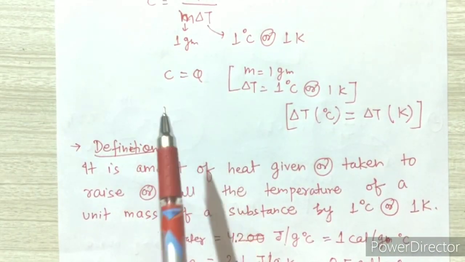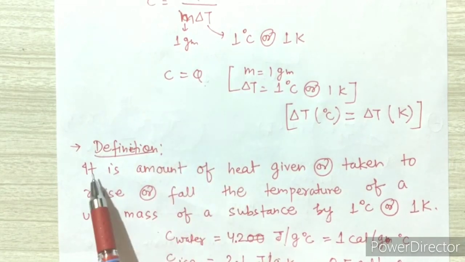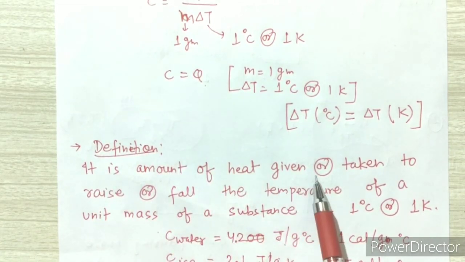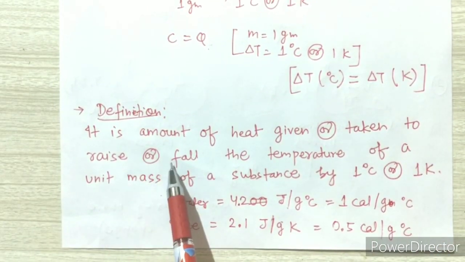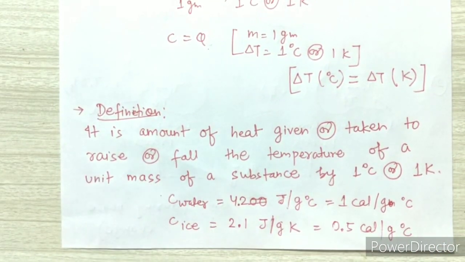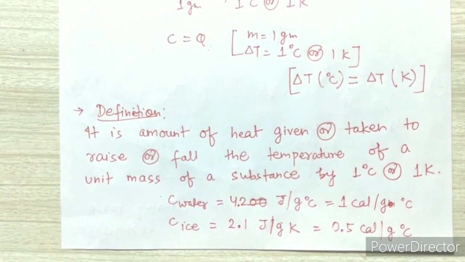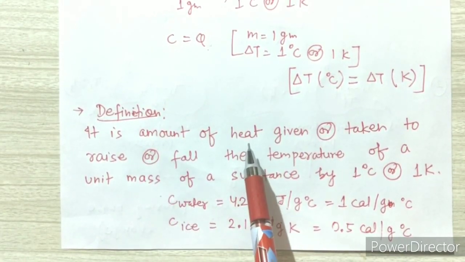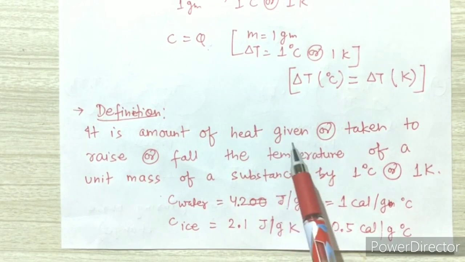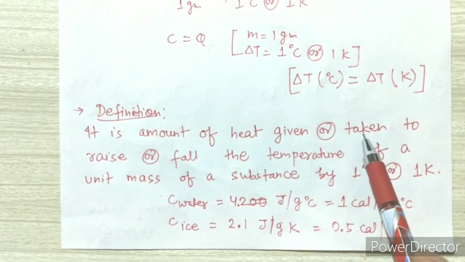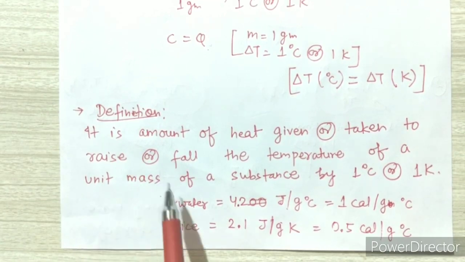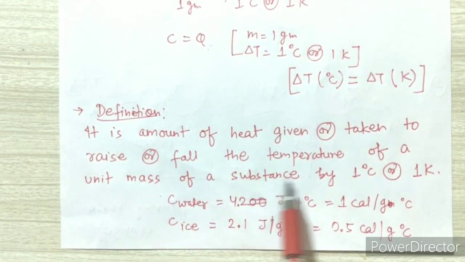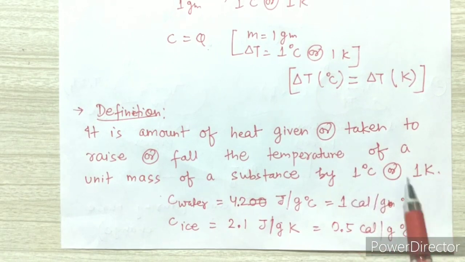So how will we define c? c is equal to Q, and Q is heat. So it is the amount of heat energy required or released to increase or decrease the temperature of a unit mass, meaning 1 gram or 1 kg of a substance, by 1 degree Celsius or 1 Kelvin.